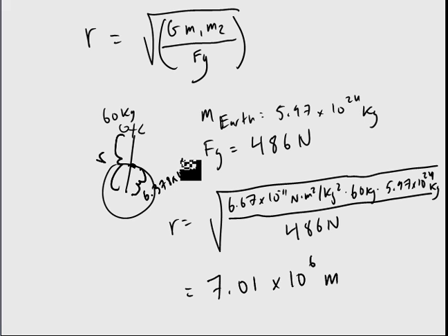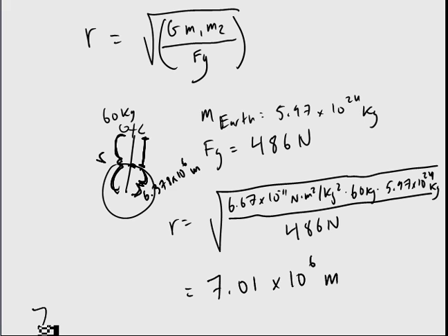If I wanted to get just the distance from the surface to you, I would have to get r, this whole distance, and subtract the radius of the Earth, the 6.378 times 10 to the 6 meters.